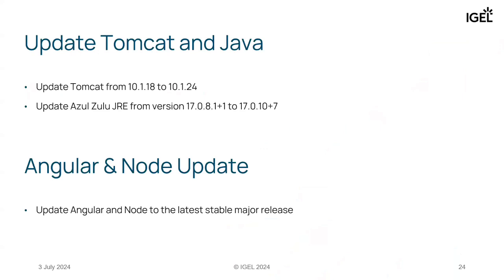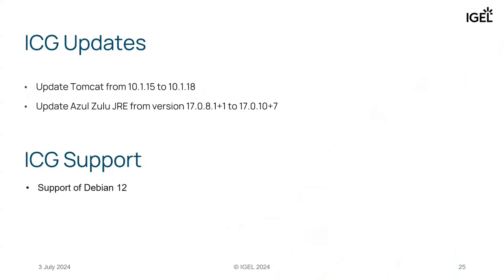And of course, we have the regular Angular and Node updates for the UMS. For ICG, we also have Tomcat and Java updates, and very important and highly requested from the IGEL community, I know, is the support for Debian 12. Yes, that's now available with ICG 12.5.100.